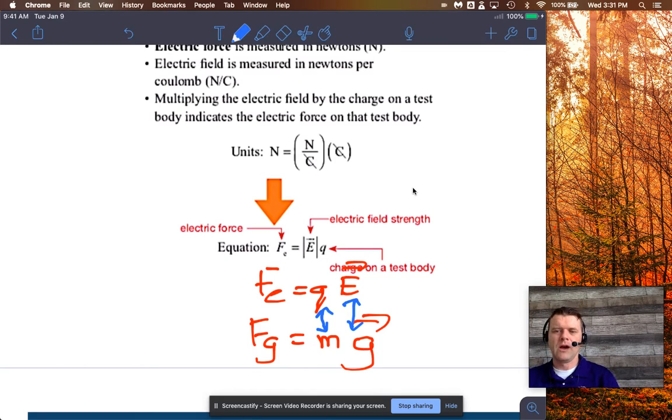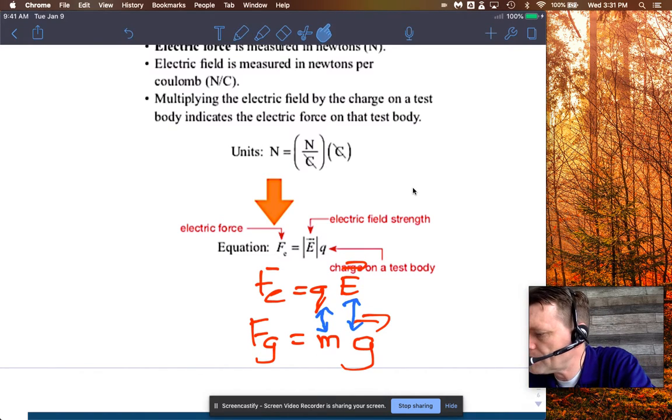So we're either dealing with the mass or we're dealing with charge. Okay, but if you're going to get electric force and fields, you need to use the electric formula. So they're in your data table. I don't think you guys have any difficulty with those once you identify which one you're using.